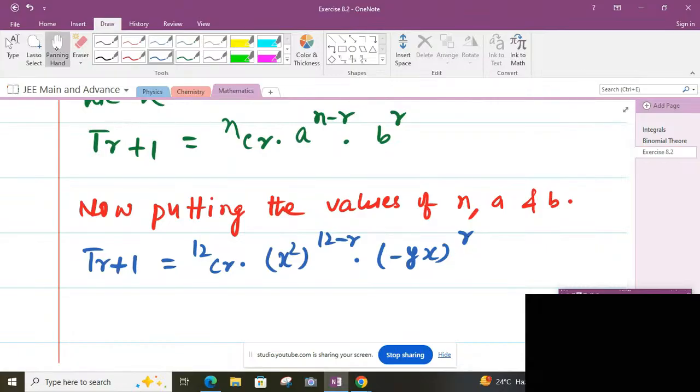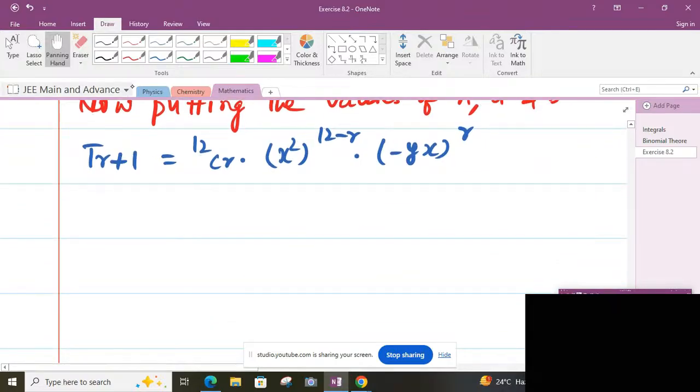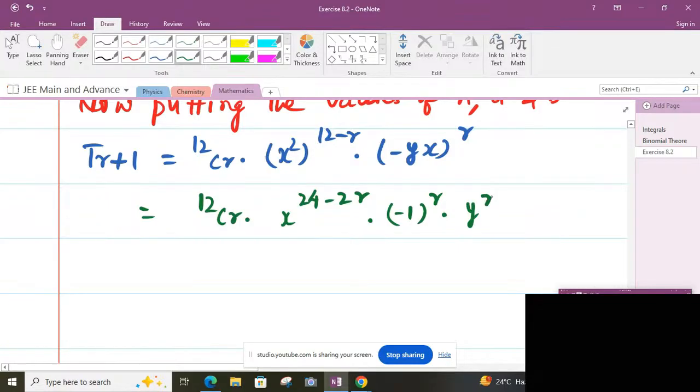Let's see the next step of this one. Equal to 12 C r, and here will be x to the power 24 minus 2r into minus 1 to the power r into y to the power r into x to the power r.